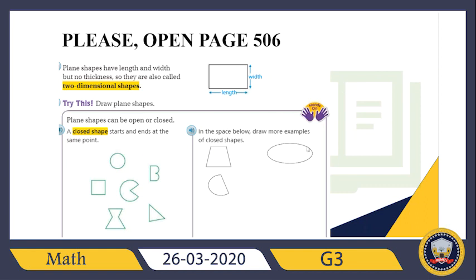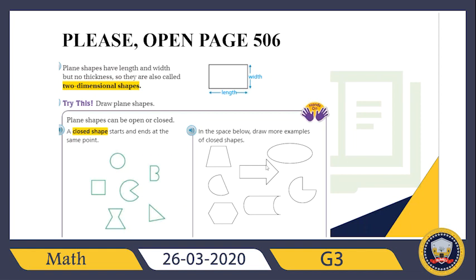Let's track and I'll finish at the same point. It is an example of a closed shape. It's also the same. I start from here and when I finish, I come to the same point. It means it is an example of a closed shape. Also this one, this. So you can draw more examples for closed shape.